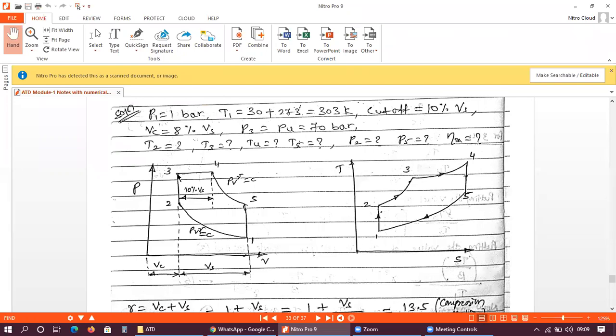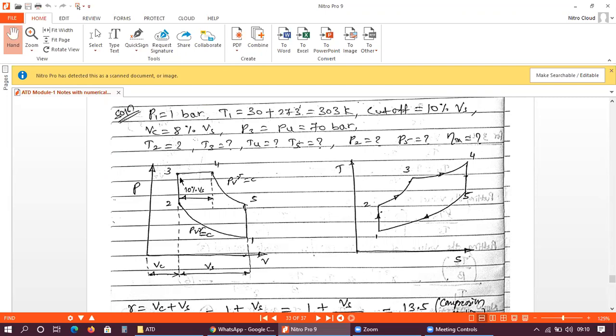So this is the dual combustion cycle. 2 to 3 represents constant volume, and during this process heat addition takes place. Along with that, during the process 3 to 4 also, heat is added.